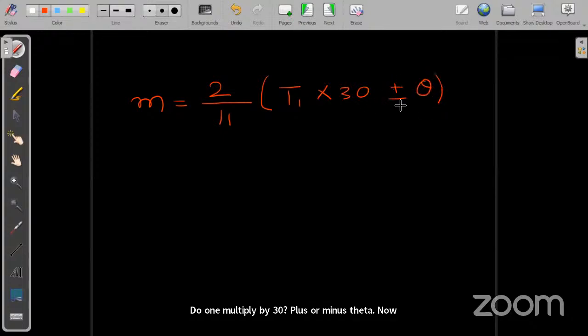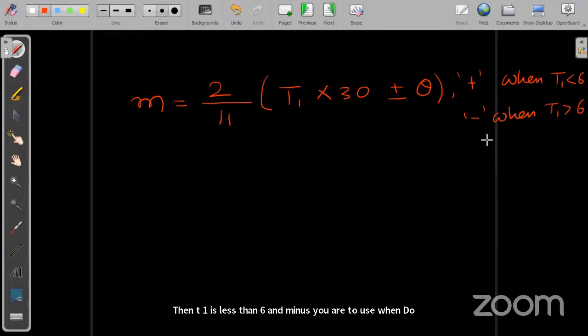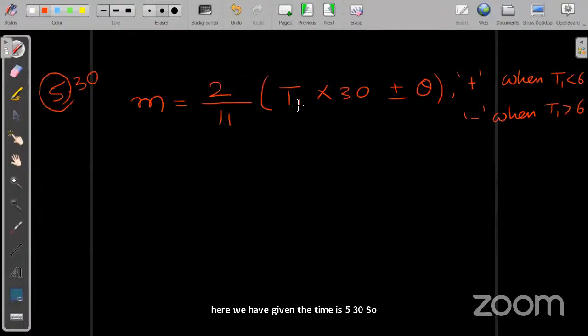Plus you have to use when t1 is less than 6, and minus when t1 is greater than 6. What is t1? T1 is the time. Here the time is 5:30, so you take 5 as t1.